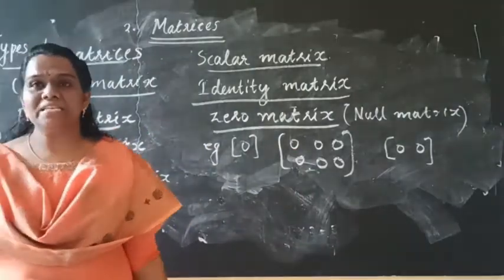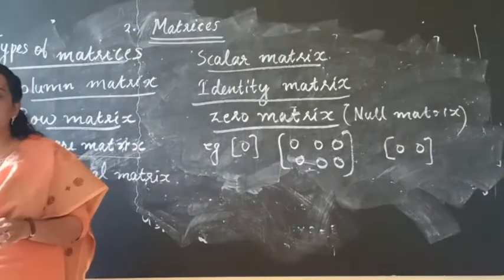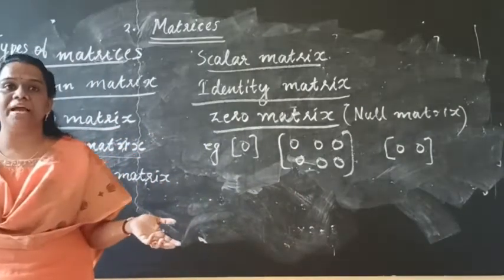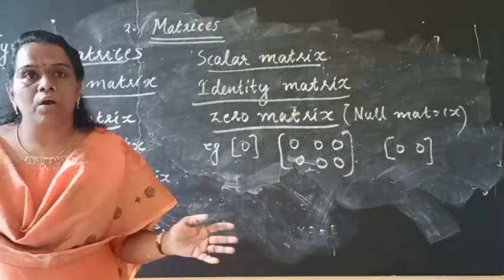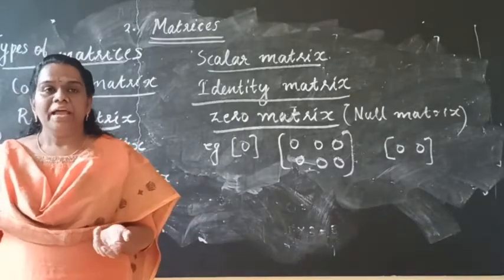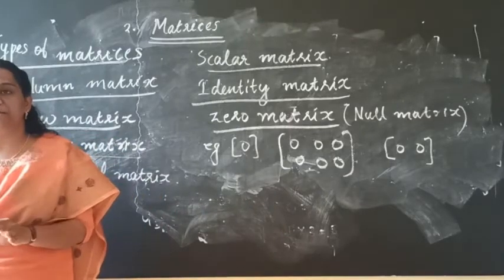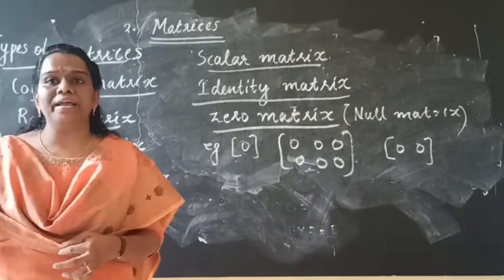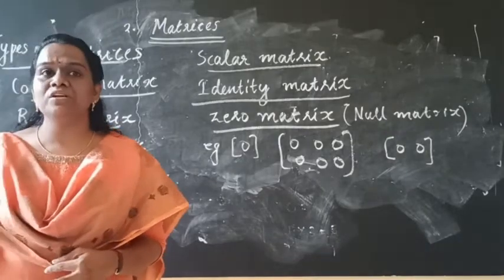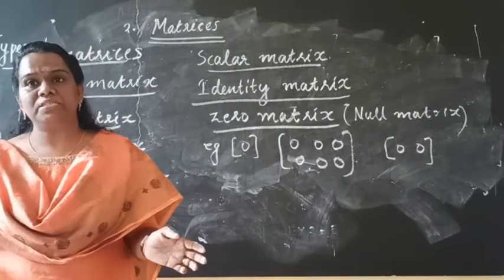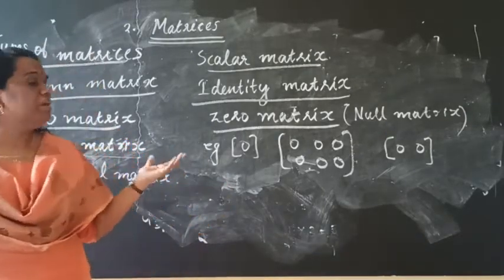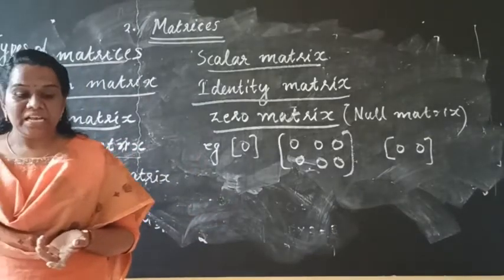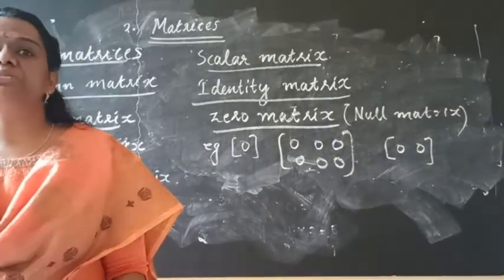So, I hope you understood what all things we studied. What is a matrix? A matrix is a rectangular array of numbers. The numbers can be either real or complex numbers. And how do we write the order of the matrix? We write the order as number of rows by number of columns. Afterwards we studied types of matrix.